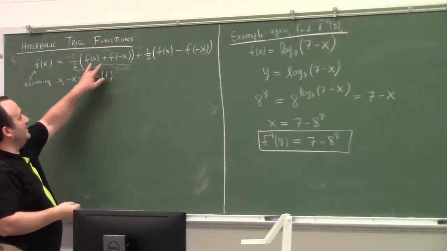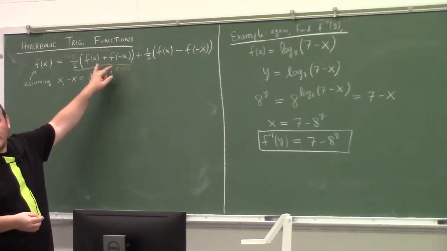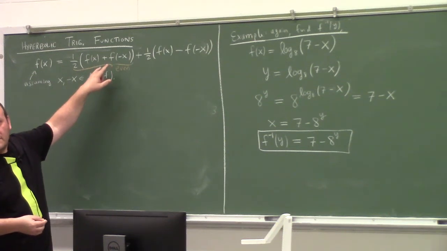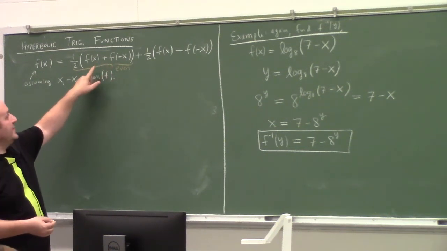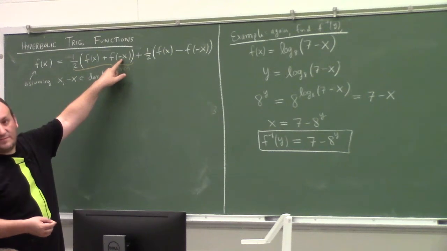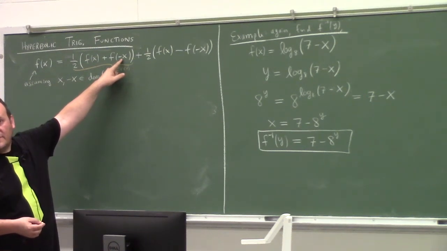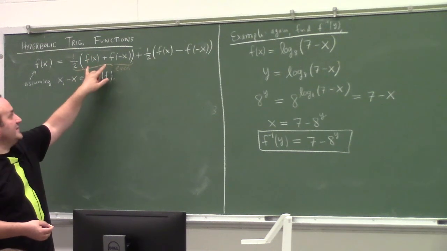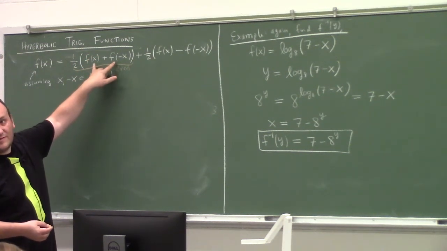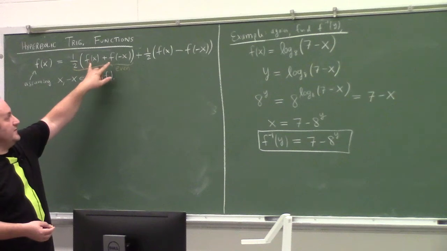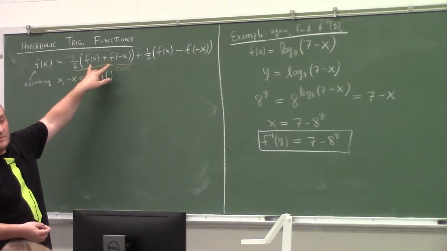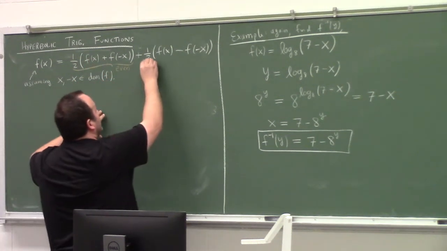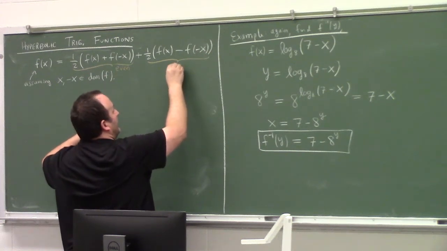Just think about what happens if I replace x with minus x. If I put in minus x in the place of x, I get f of minus x plus f of minus minus x. But that's the same two terms, just in opposite order. So if you change x to minus x, this part of the formula is again what it is. So the first two terms give an even function. In contrast, what happens over here if you replace x with minus x?